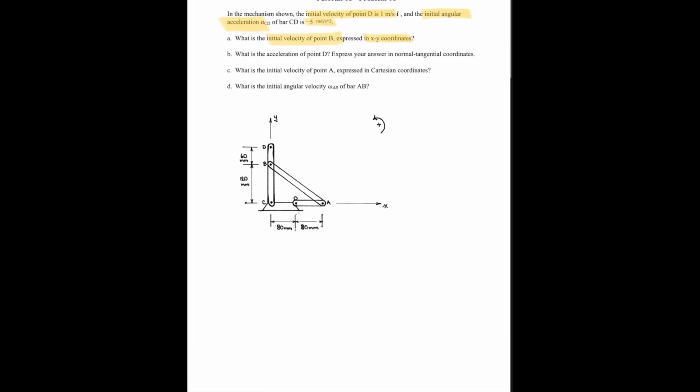All right, so we know that VD is 1 meter per second in the I direction, and the angular acceleration alpha CD is equal to minus 5 radians per second squared. And we want to find VB in x and y coordinates.